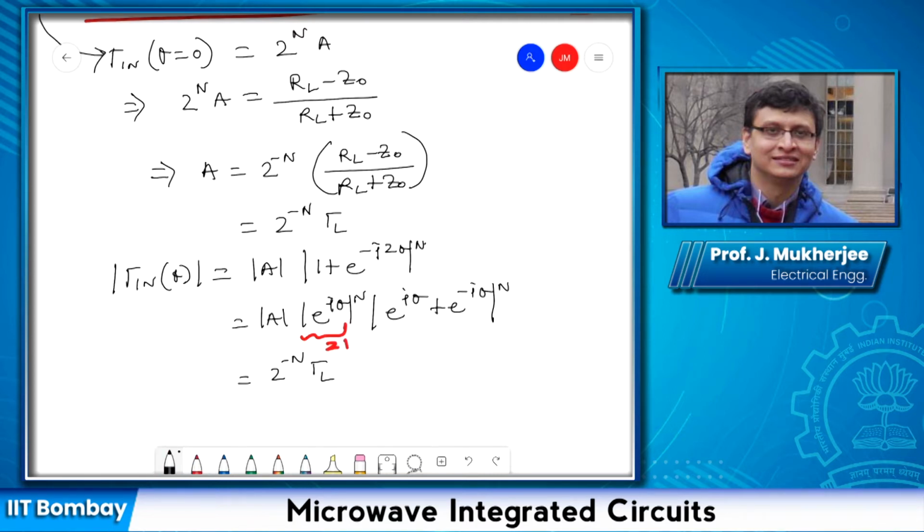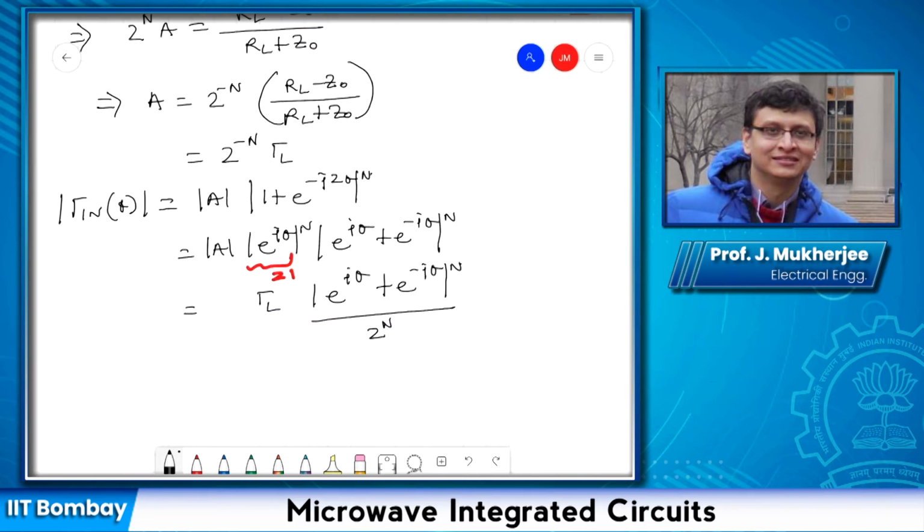So I can then simplify this equation to this value. Now further I can write this as this, and this is equal to cos theta raised to power n.